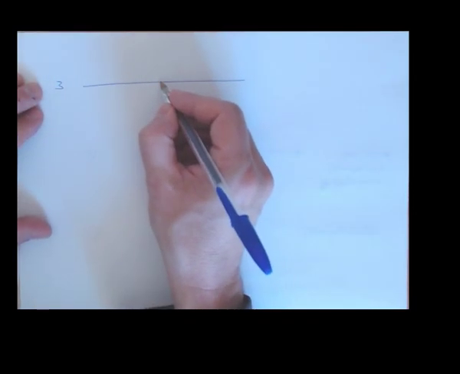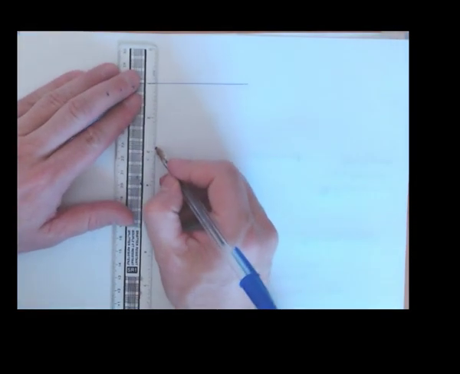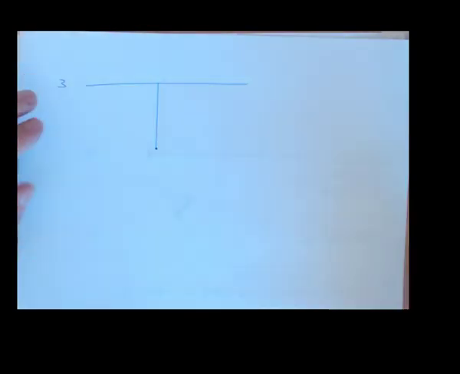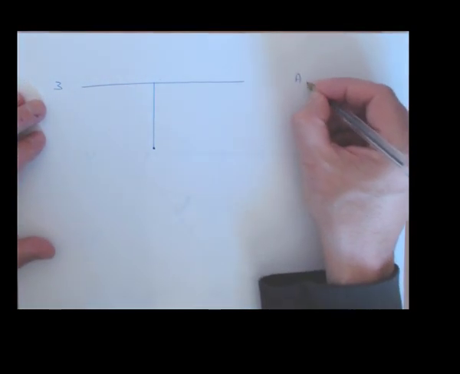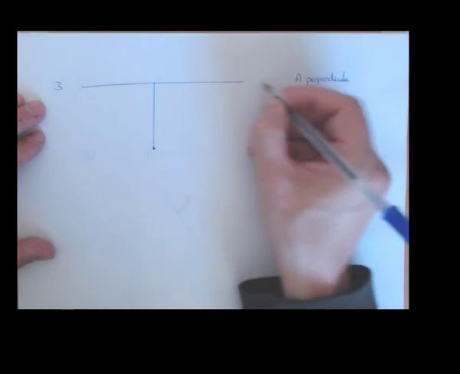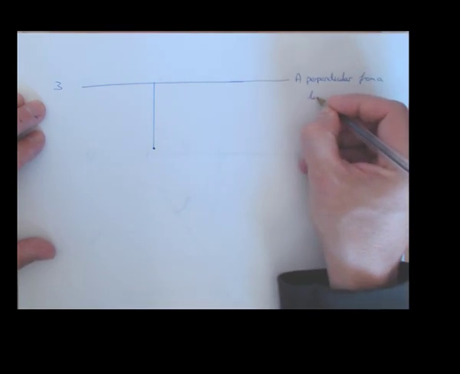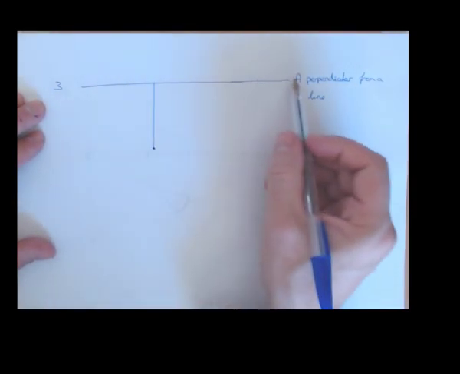Well, here we had a bird on a wire, and here we had a point. And image 3 was a perpendicular from a line. It's not a bisection, we're not cutting the line in half.